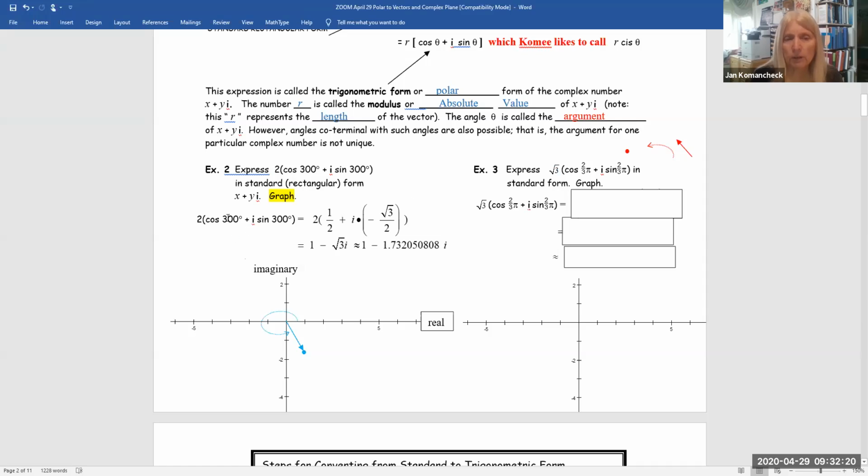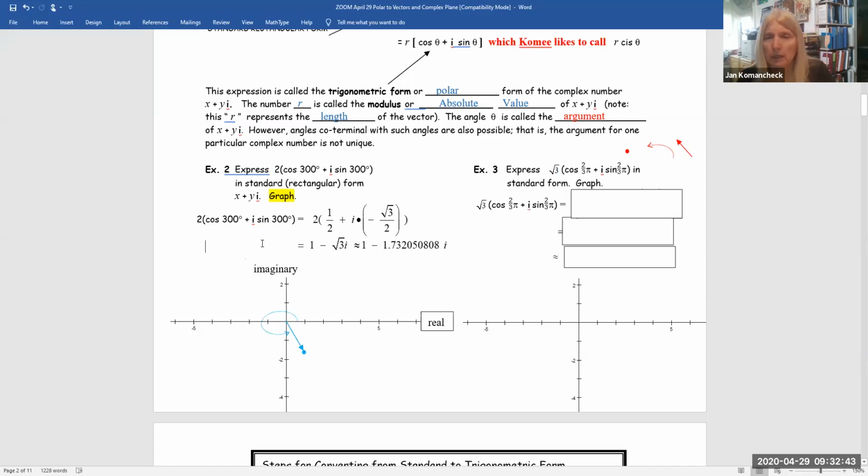My r, the length of my vector, happens to be 2. Now we're going to be using this information in a little bit. So try to keep in mind that 2 cosine 300 degrees plus i sine 300 degrees is this complex number.